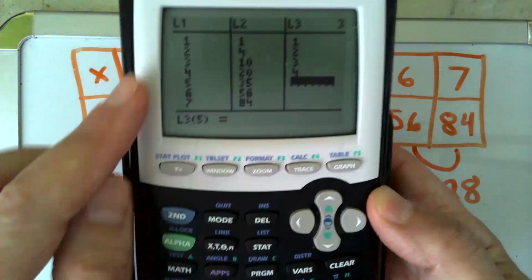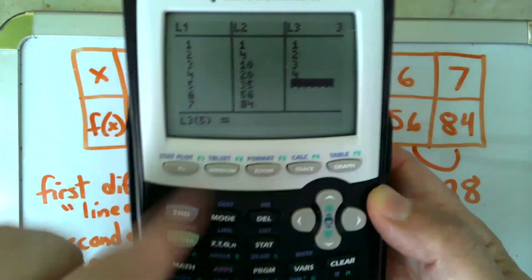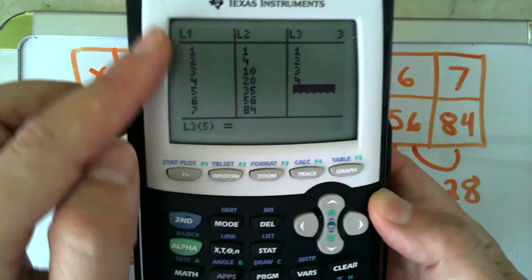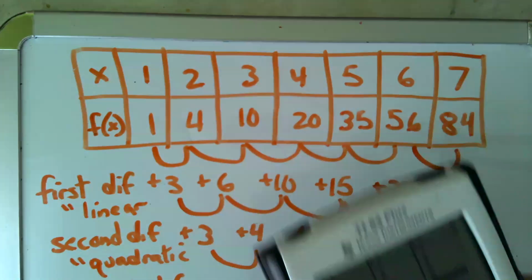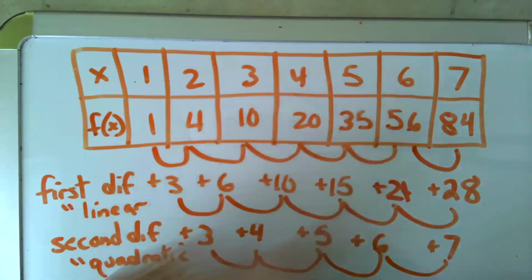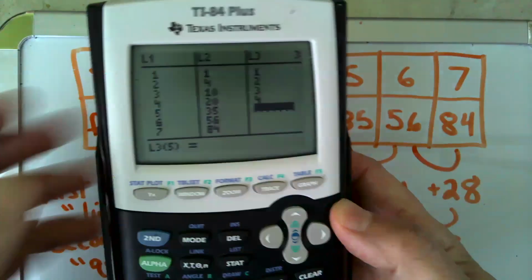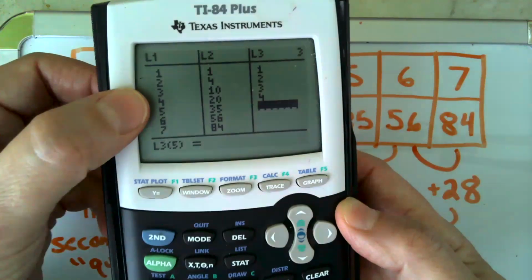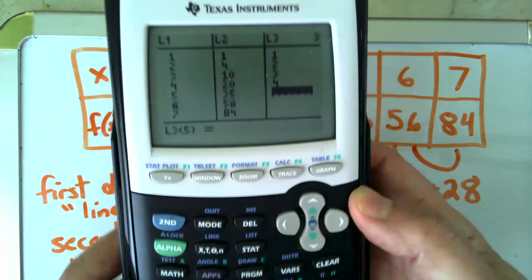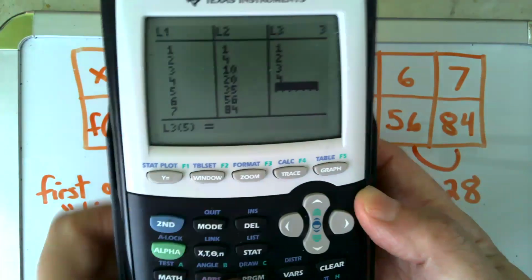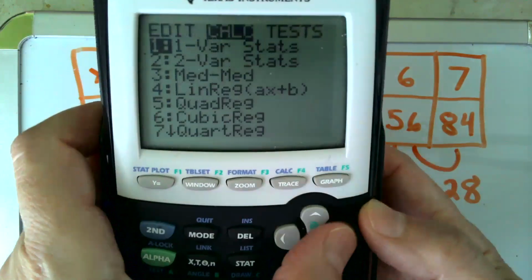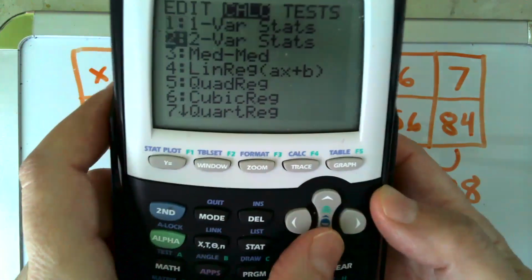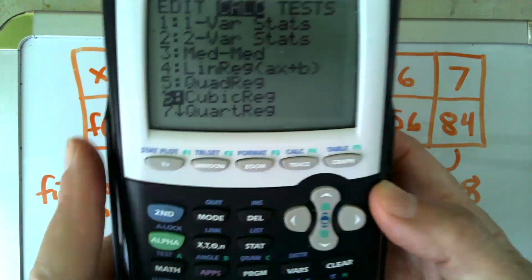Okay, so I had gone and done that already for list 1 and for list 2. I have put in for list 1 all of my x variable answers, and then for list 2, I put in all of my outputs, all of my ys. Now that I've established that I've got all of my x points in list 1 and all of my y points in list 2, I go back to stat, I go back to calc, I choose my cubic regression.